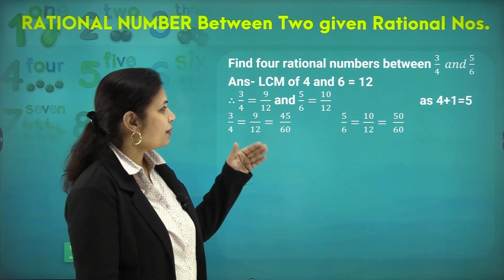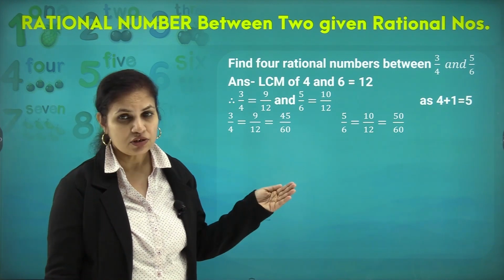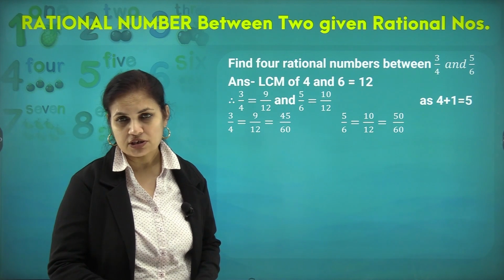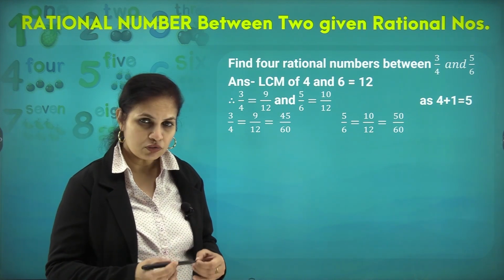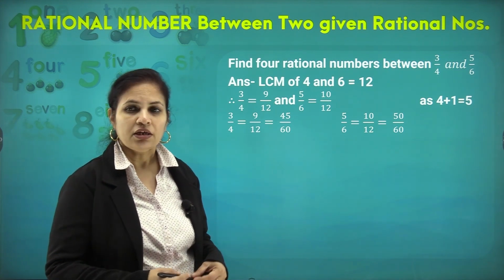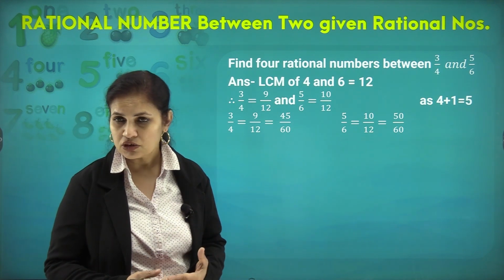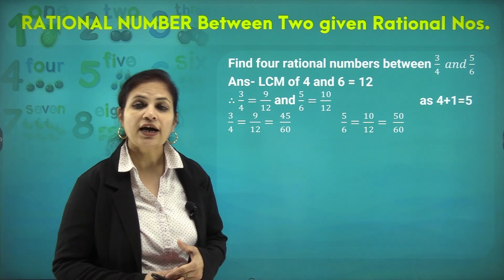So, if I multiply 9 upon 12 by 5, both in the numerator and denominator, which is stated by the equivalence of fractions, that we cannot only multiply the denominator with something or the numerator solely with something. If I am multiplying the denominator, I have to multiply the denominator as well as the numerator by the same number to keep the value of the fraction unchanged.